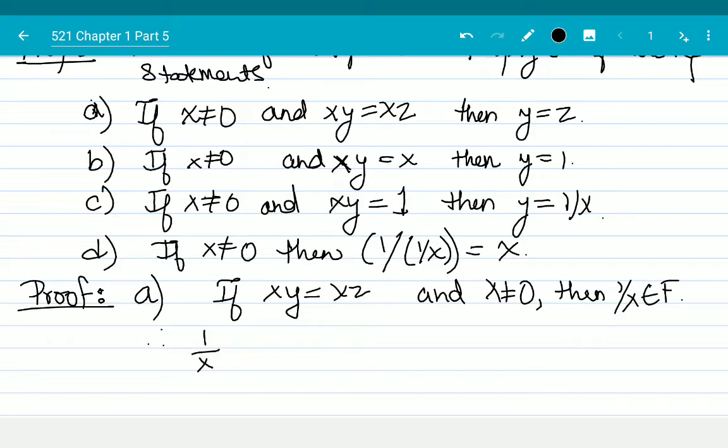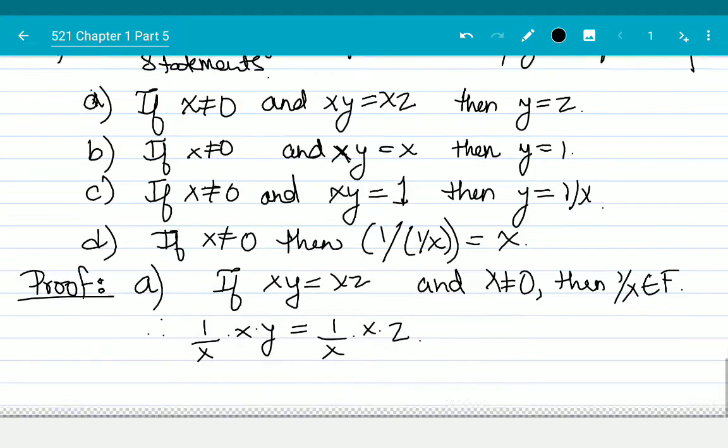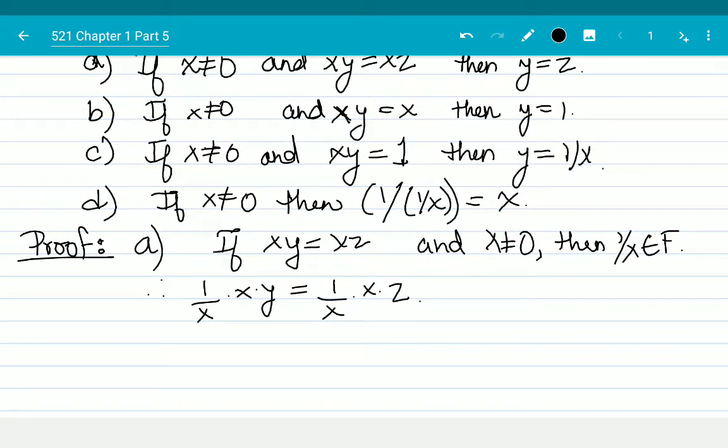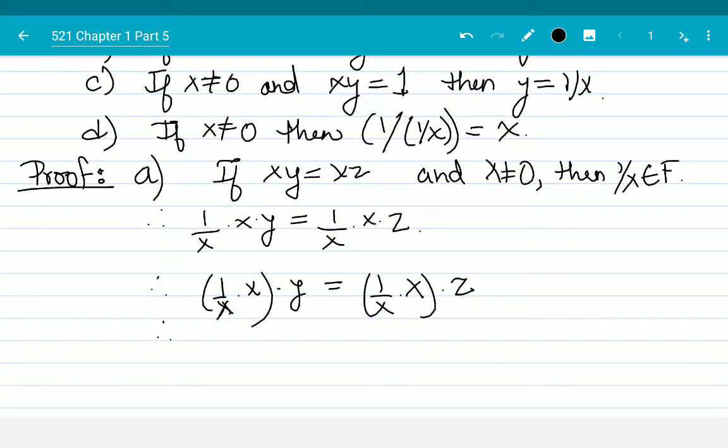Therefore, 1 over x times xy is equal to 1 over x times xz. Therefore, 1 over x times x times y is equal to 1 over x times x times z. And therefore, what do I get? 1 times y is equal to 1 times z. Therefore, y is equal to z.